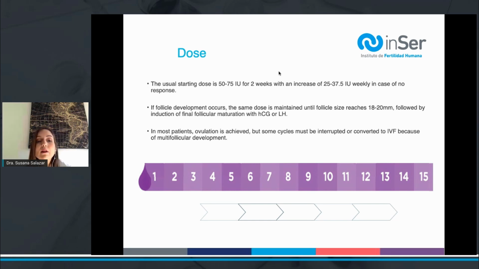If follicle development occurs, the same dose is maintained until the follicle reaches 18 to 20 millimeters, followed by induction of final follicular maturation with HCG or LH. In most patients, ovulation is achieved, but some cycles must be interrupted or converted to IVF because of multifollicular development.